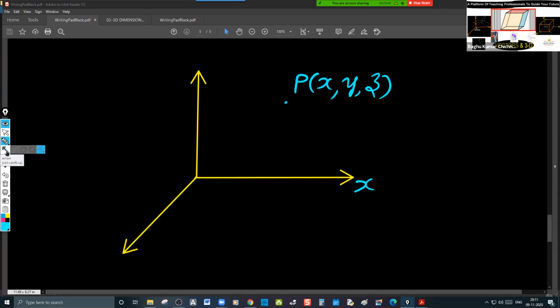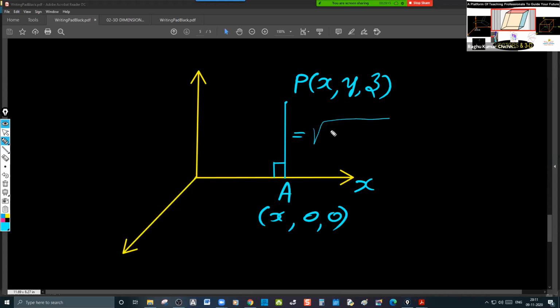Then it is very simple: you have to draw a line which is perpendicular to the x-axis, because distance is always perpendicular. And this angle is 90 degrees. If you take this point as A, obviously on the x-axis you will have only the x coordinate, and the rest, y and z, are 0. Then the distance between these two is root over x minus x whole square plus y minus 0 whole square plus z minus 0 whole square, which becomes root over y square plus z square.